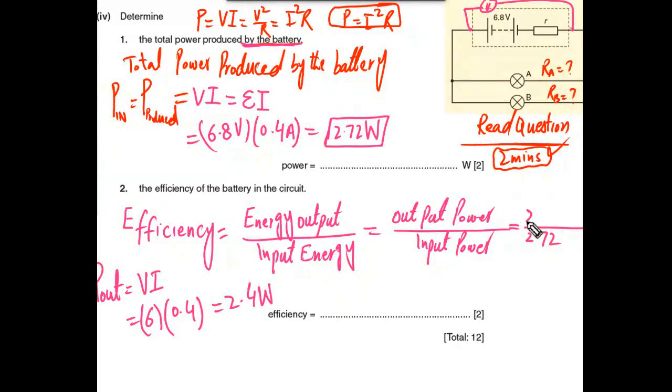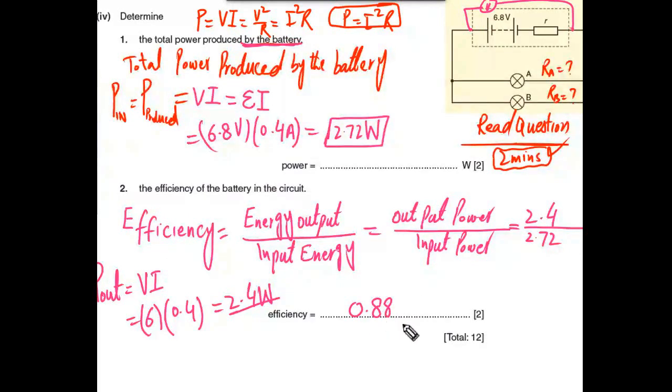So the output means the output terminal potential difference multiplied by the total current in the circuit. And if we solve this, our answer will be 0.88.